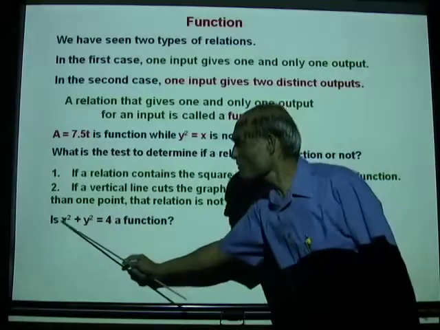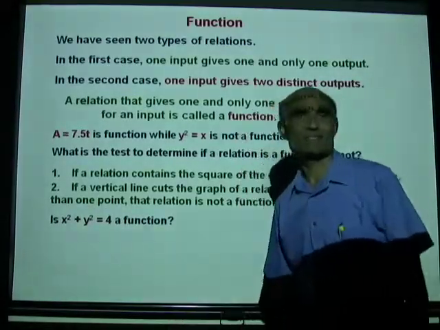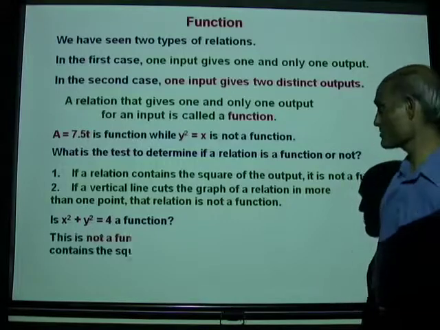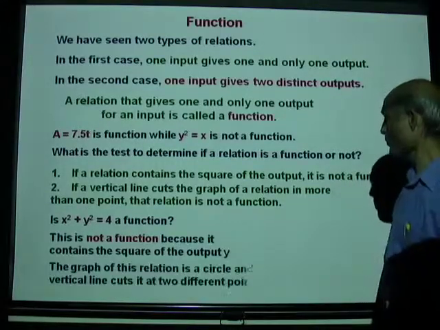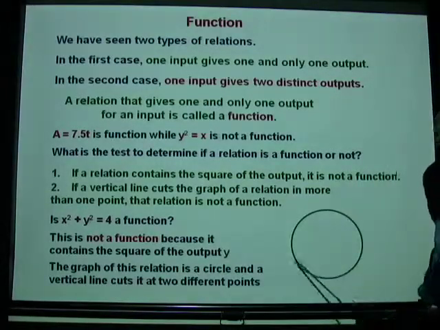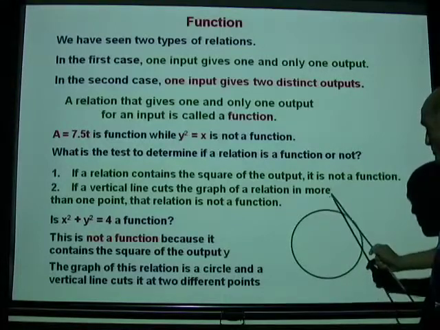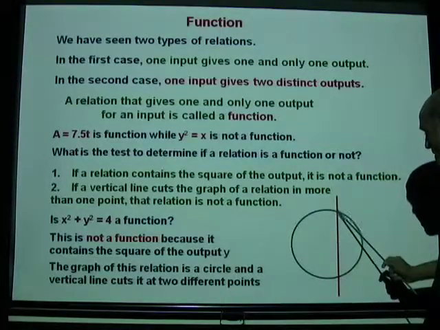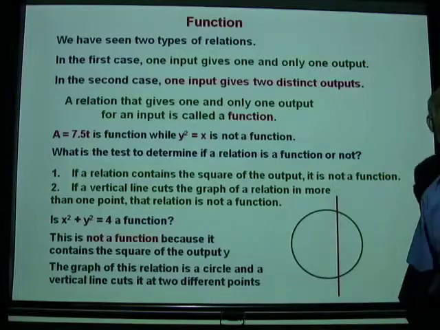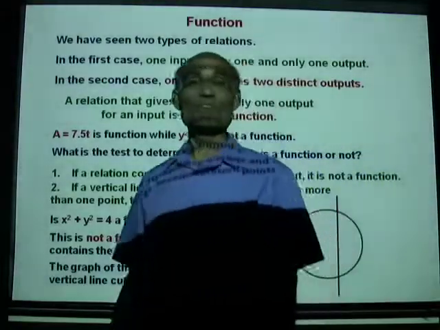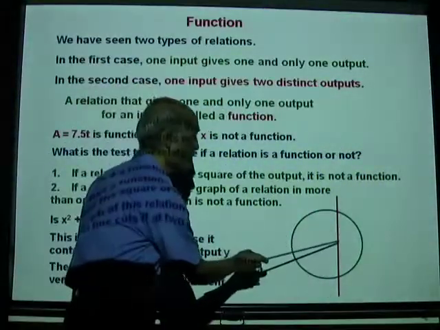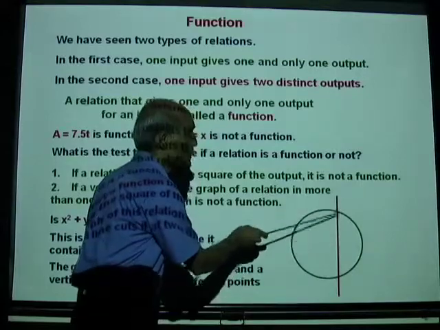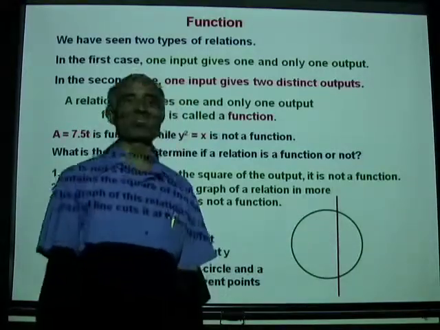Alright, tell me, what does the graph of this look like? You must know, x² + y² = 4 is actually a circle. And if you draw a vertical line, look at this. It cuts the graph at 2 points. Why? Because one input corresponds to two different outputs.